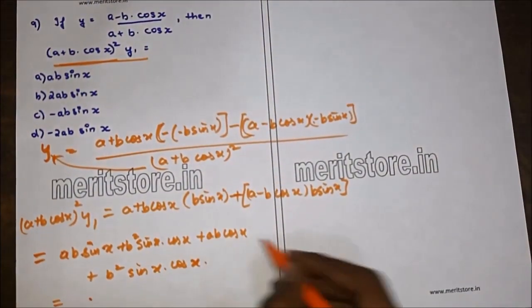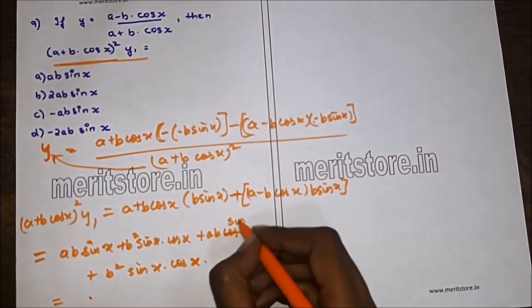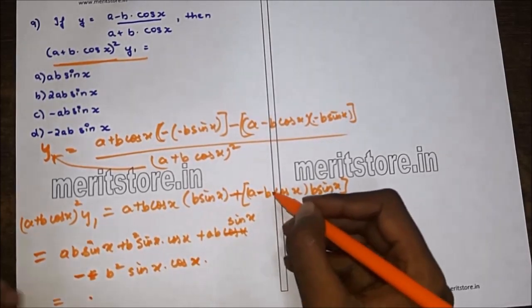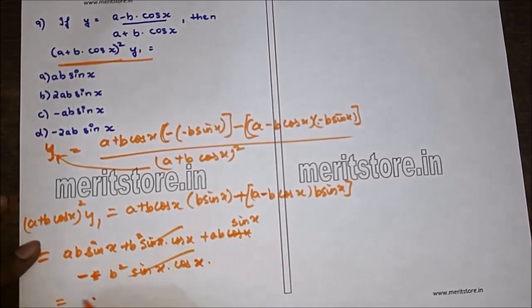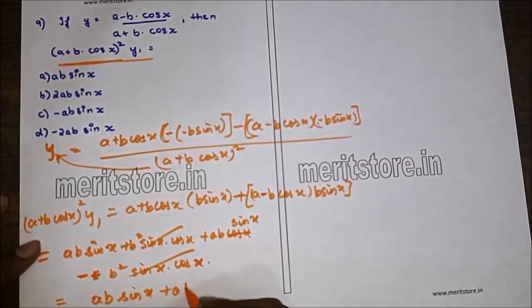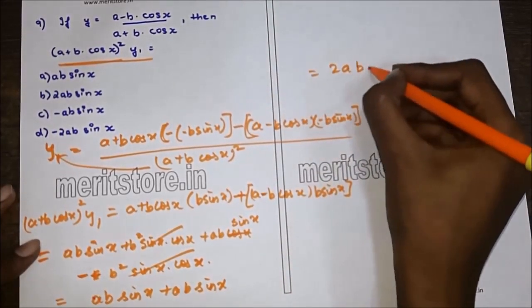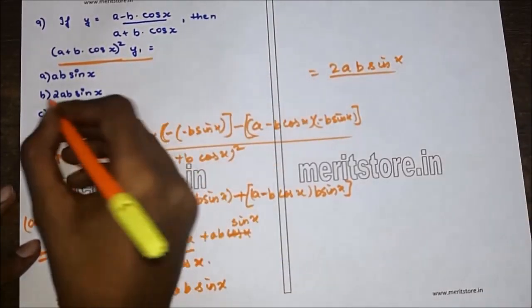There's a correction here, this is sin x and this is minus 1, since this term contains minus 1. So this term gets cancelled, where we are left with ab sin x plus ab sin x, which is equal to 2ab sin x, which is option B.